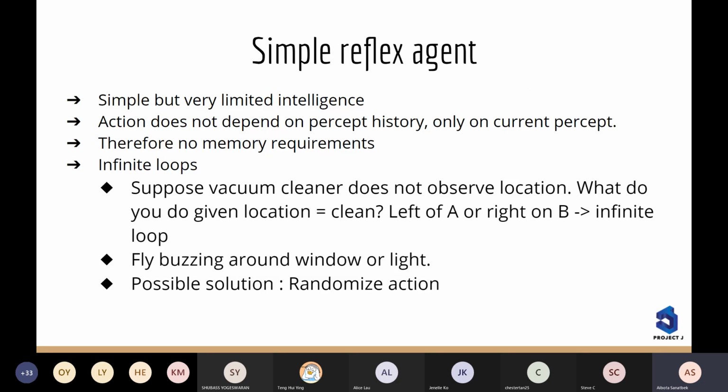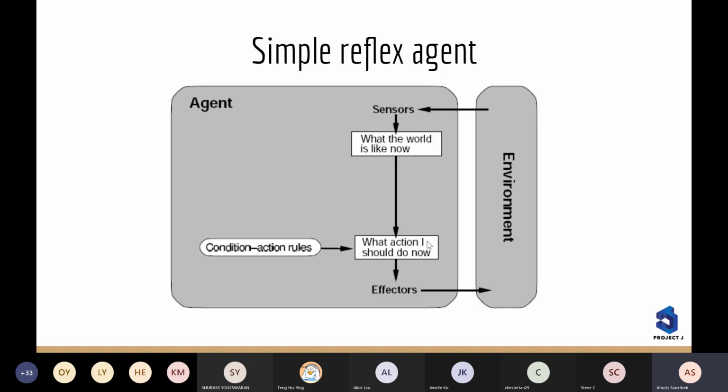So it has only very limited intelligence, and it performs its actions depending on the current input, not on historical data, as described here.